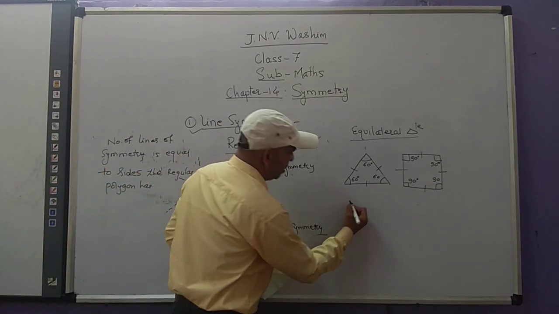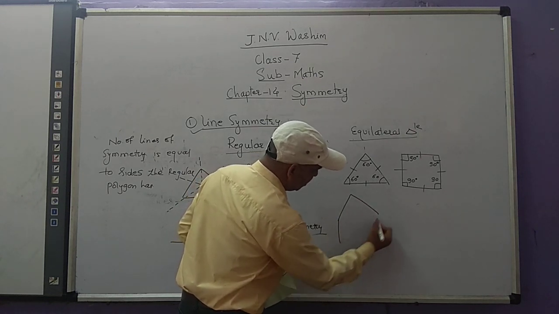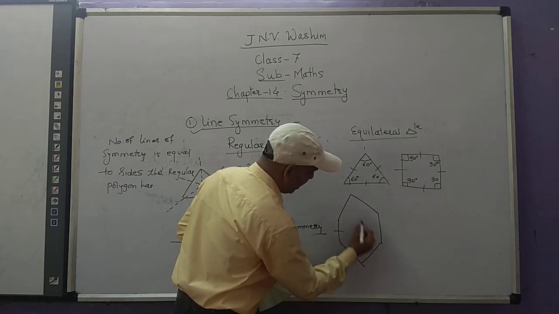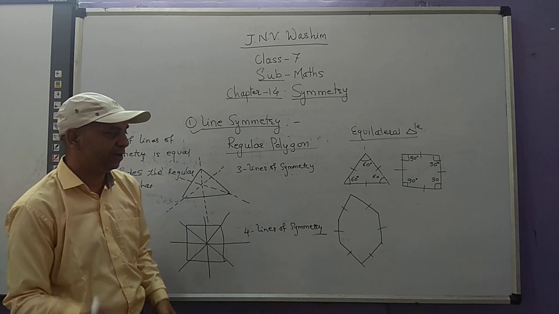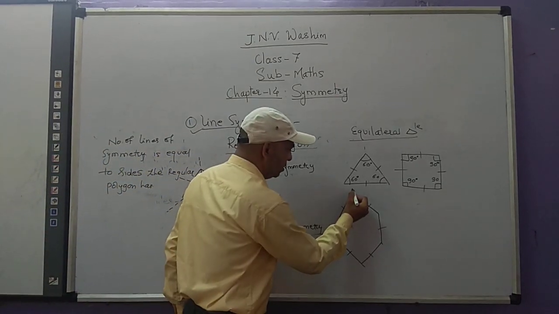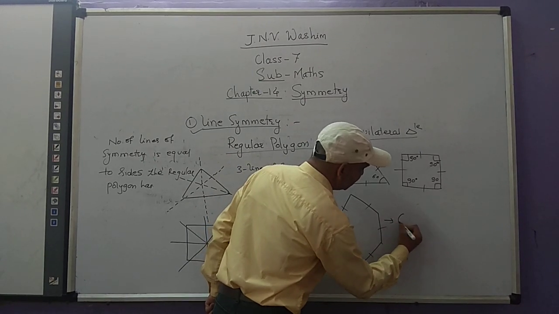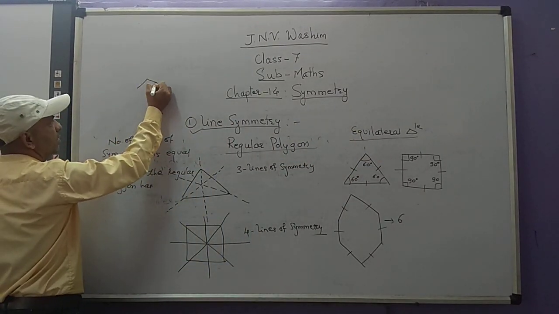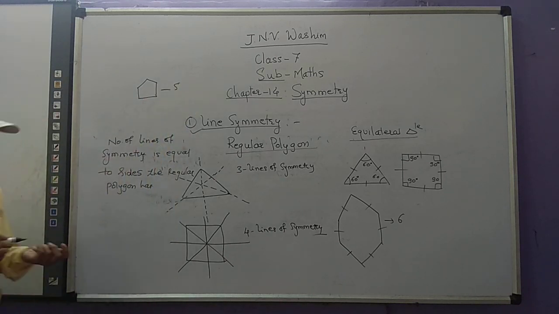So I ask you, suppose this is a regular hexagon. All sides are equal. Okay. So what is the number of lines of symmetry? So how many sides are there? 6. So it has 6 lines of symmetry. In case of a pentagon, it has 5. Okay.